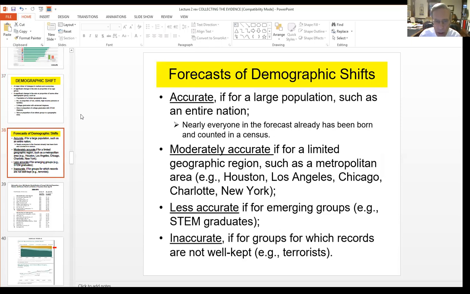Now, what if we're talking about a more limited area, like a metropolitan area, the New York metropolitan area, or Houston or Los Angeles? Well, as you know, we have lots of immigration. We have lots of migration from one geographic area to another. In California, people are leaving the state, companies are leaving the state because the tax rates are so high.